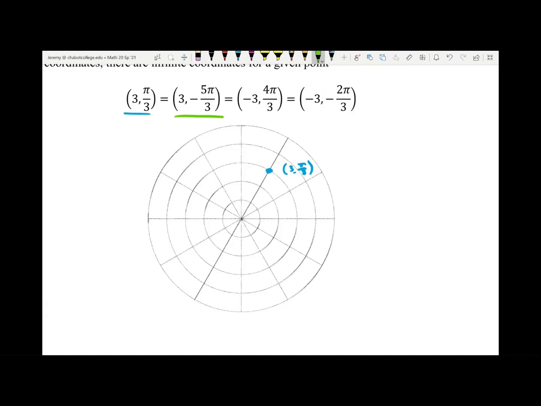Because -5π/3, that's like, okay, there's -π/3, -2π/3, -3π/3, -4π/3, and -5π/3 gives us this exact same ray here. So if I go out a radius of 3, I'm going to end up with the exact same position. So this is the same as (3, -5π/3).